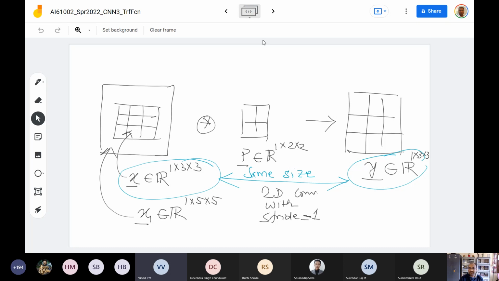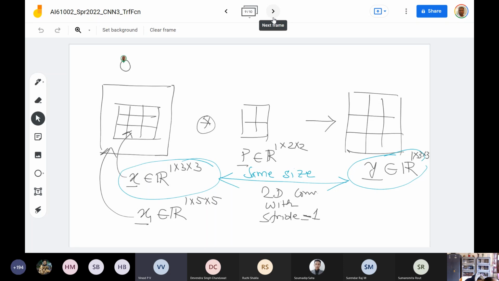So this is what you will be able to achieve by things like padding. Now comes the next question: if I take padding into consideration, then what will be the size of my output? So what will be OH?